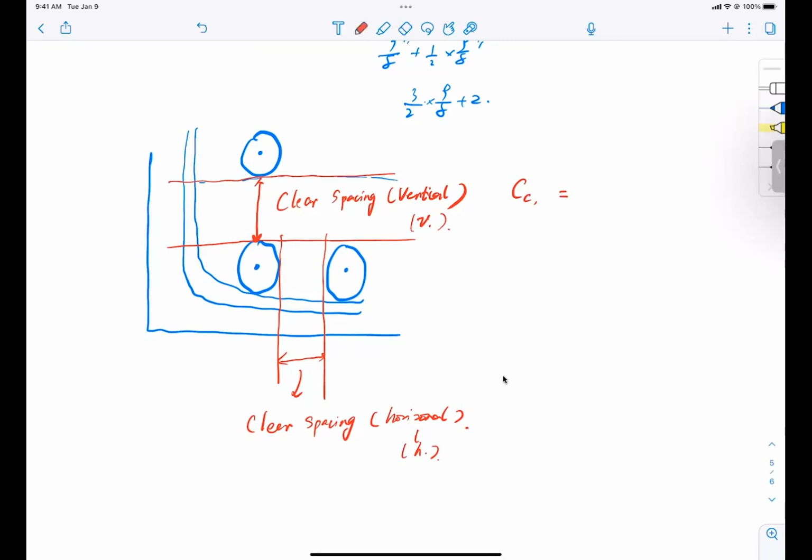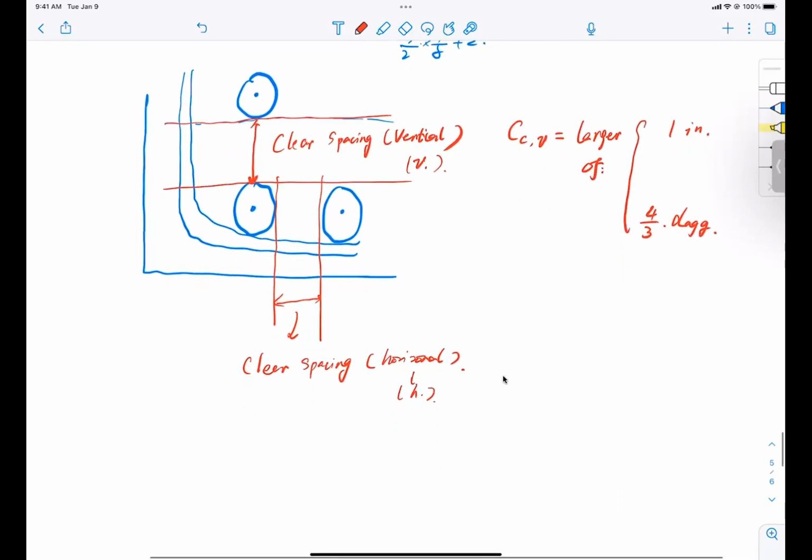CCV, the vertical spacing, is actually an equation, and that is the larger of 1 inch and 4/3 aggregate diameter. Sorry again, I keep remembering wrong.